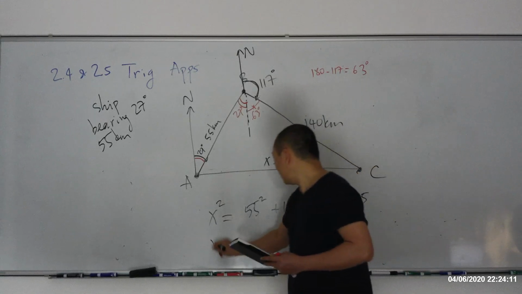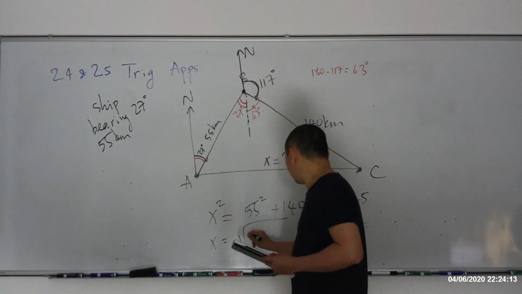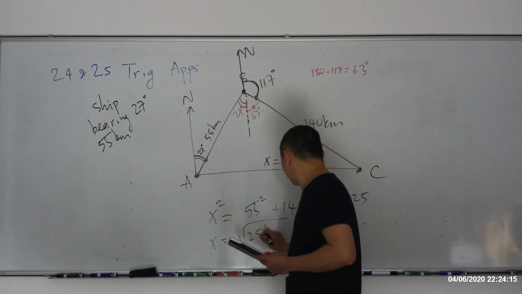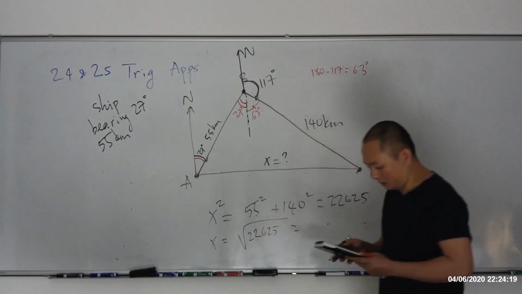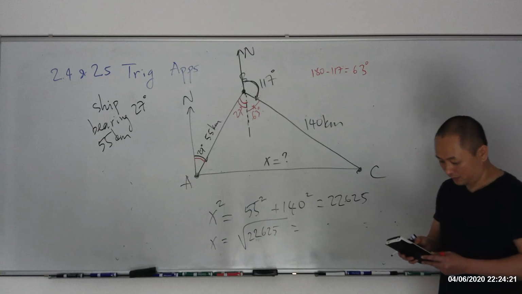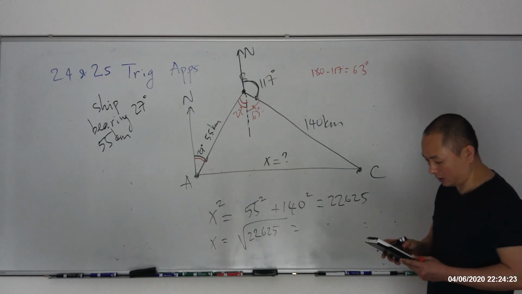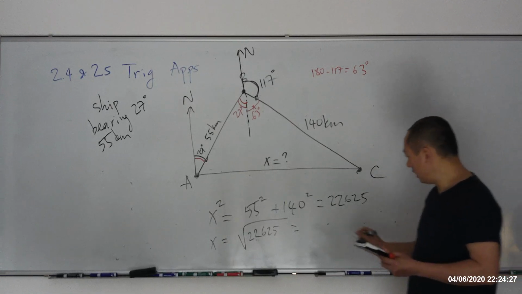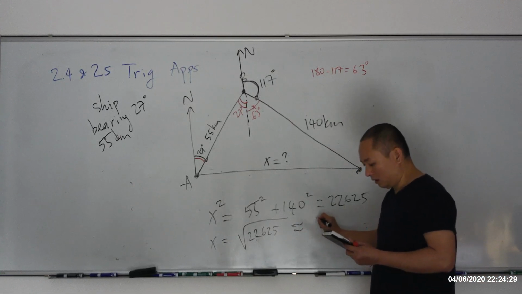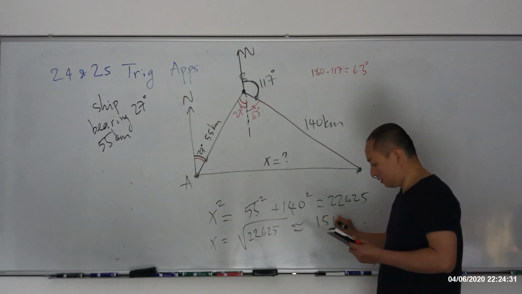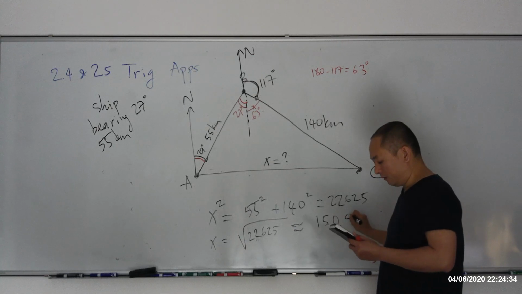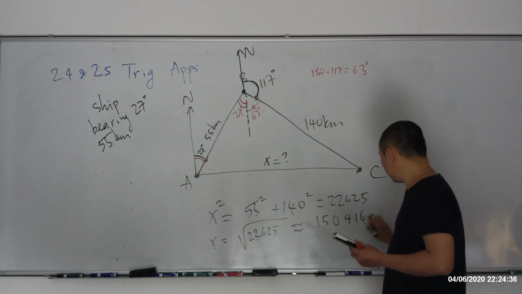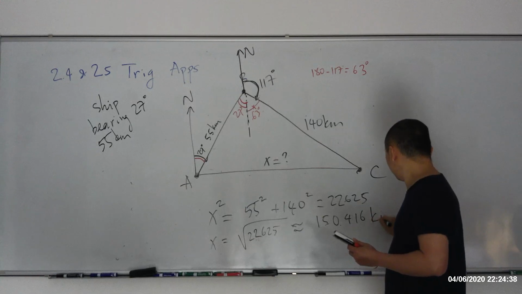So x is the square root of 22,625. You take the square root of this and you have the answer. Approximately 150.416 kilometers.